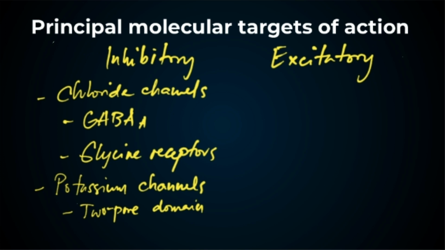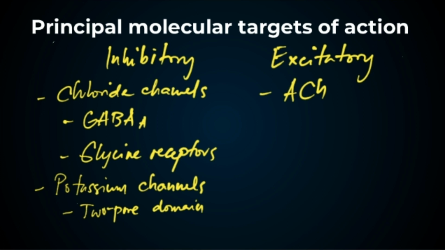For excitatory ion channels affected by general anesthetic agents, of course, because these are excitatory ion channels, agents will affect them by inhibition. Channels that are activated by acetylcholine can be affected by general anesthesia.